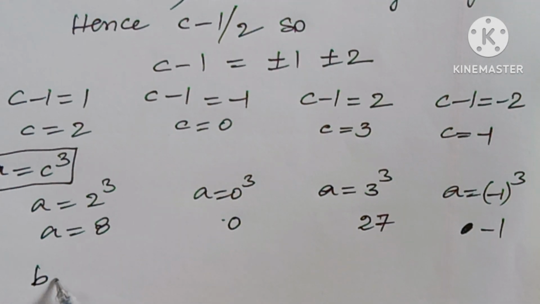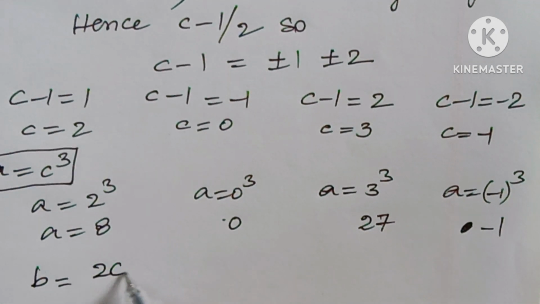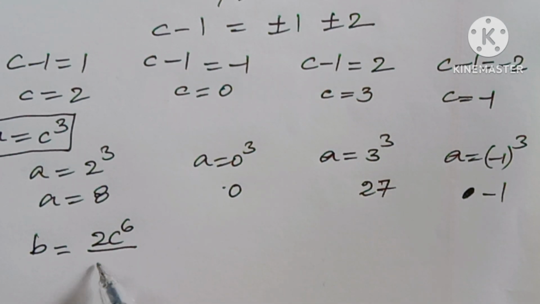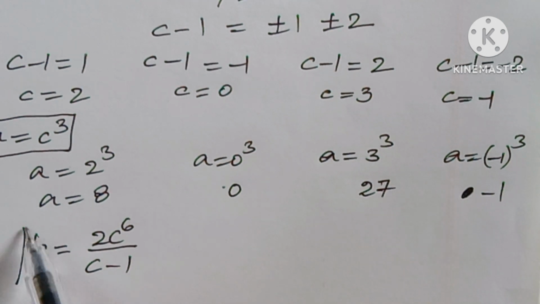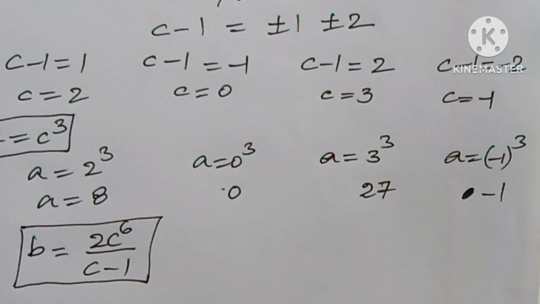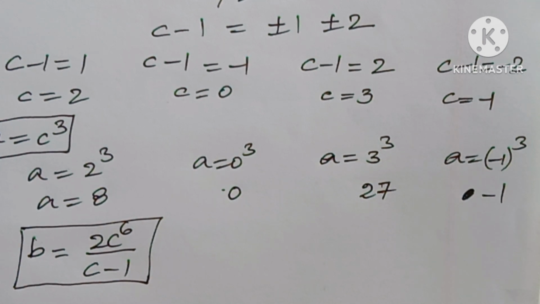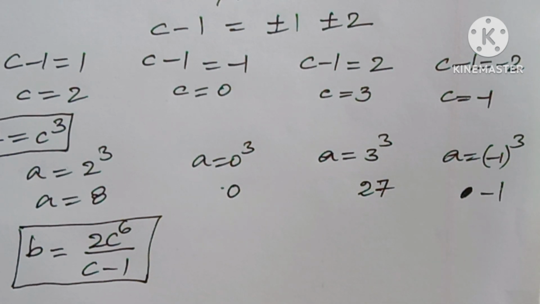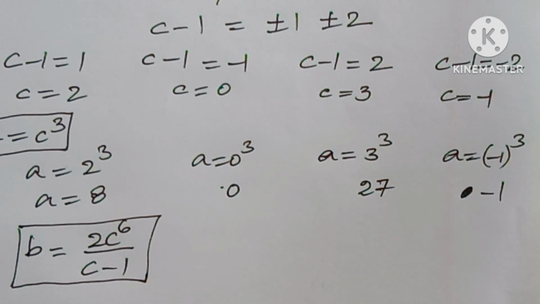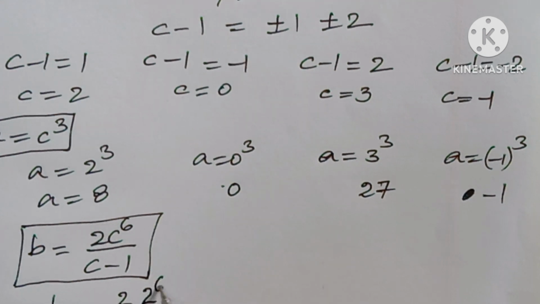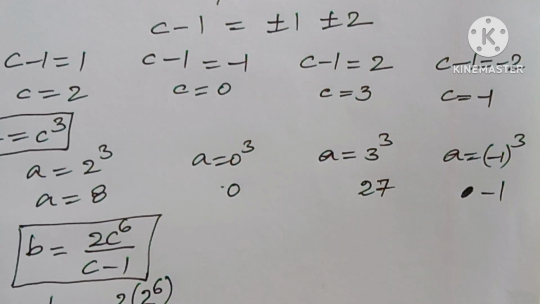Then the b values will be 2c⁶ by (c minus 1). So if you substitute the c value here, b will be 2 times 2⁶ by 1.